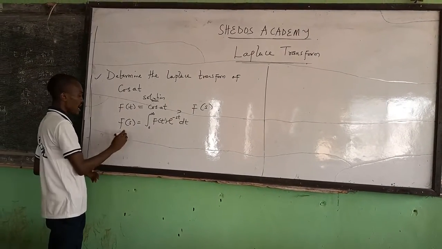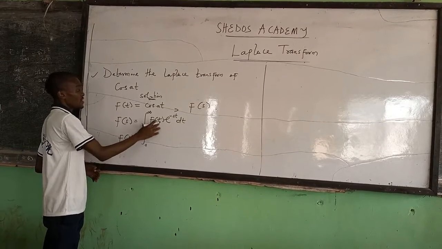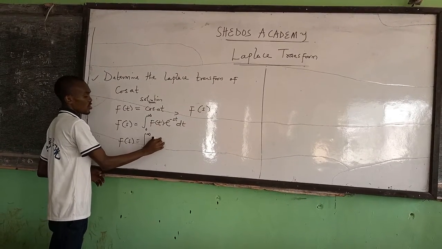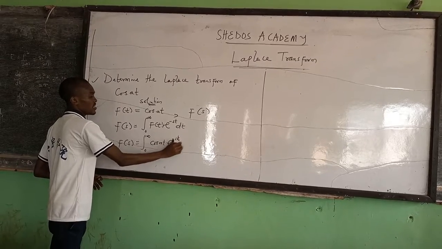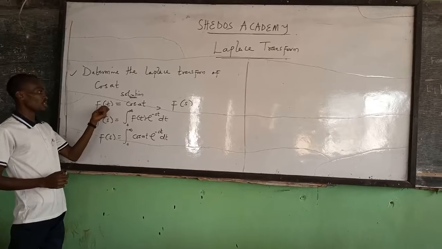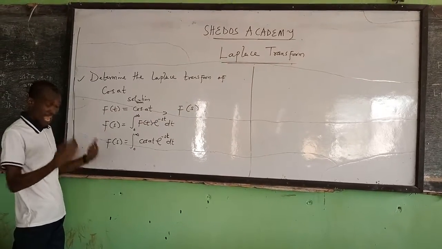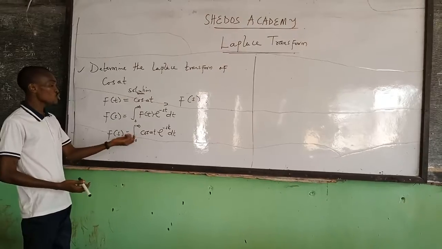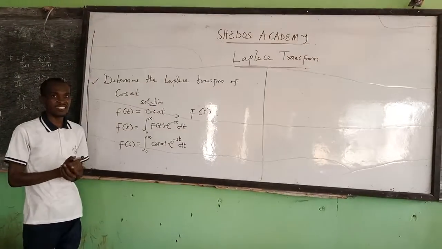So we make a substitution. F(s) is our integral, f(t) is cos of at, exponential minus st dt. So to find the Laplace transform of the function f(t) equals cos at actually means to solve this particular integral.